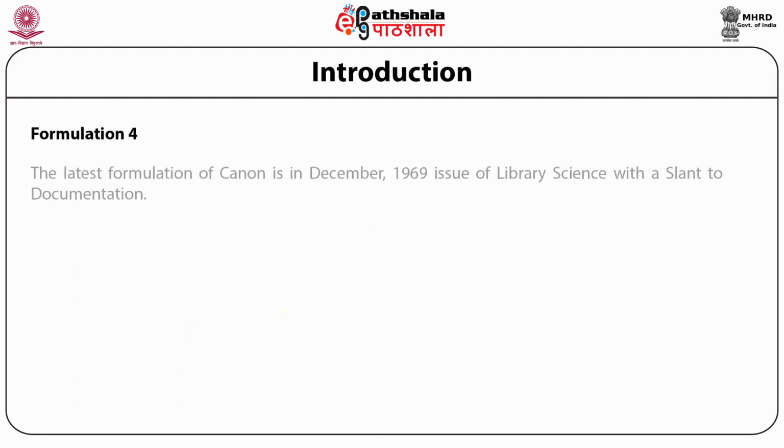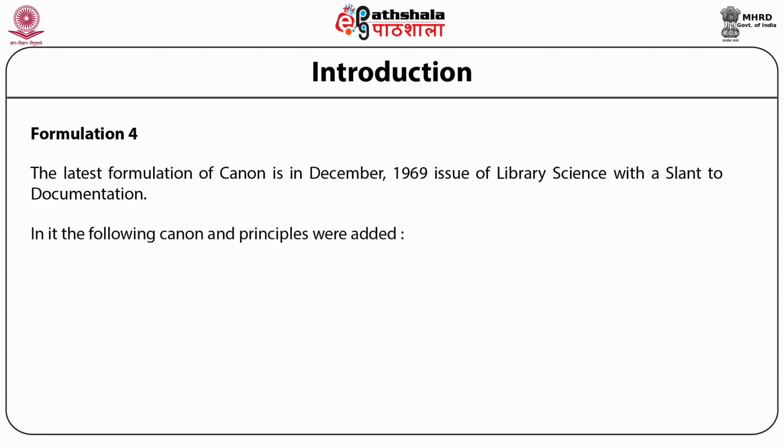Formulation fourth, or the latest formulation of canons, is in the December 1969 issue of Library Science with a Slant to Documentation, official journal of DRTC Bangalore. In it, the following canon and principles were added.